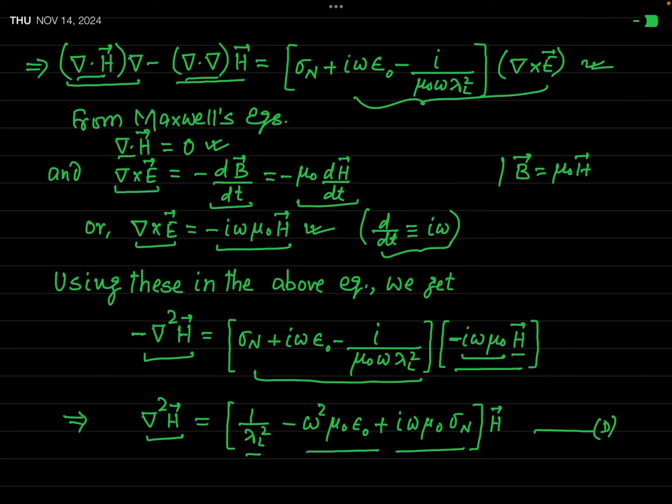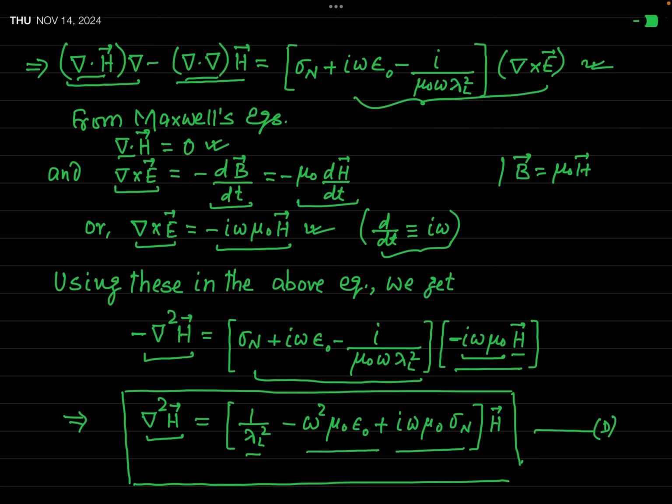This is a very important result which we have obtained in the case of alternately varying electric field, magnetic field and the electric displacement vector.